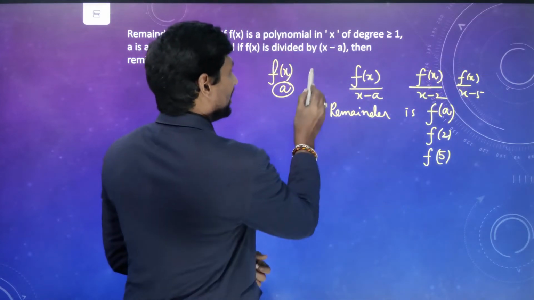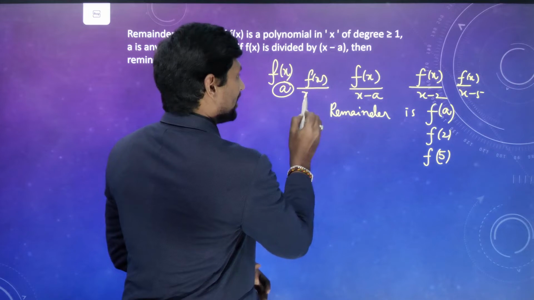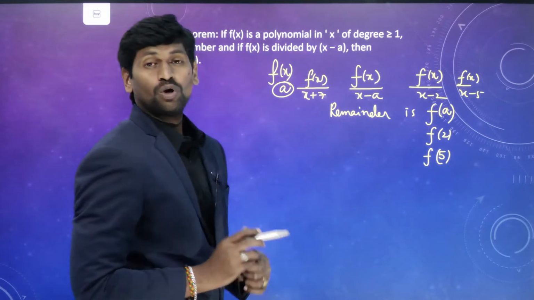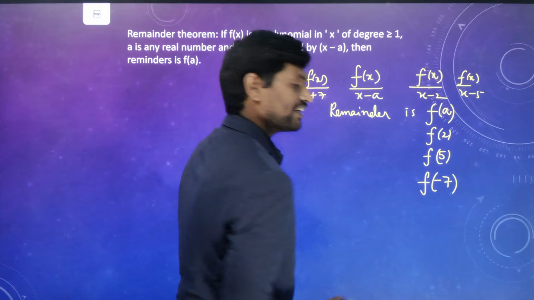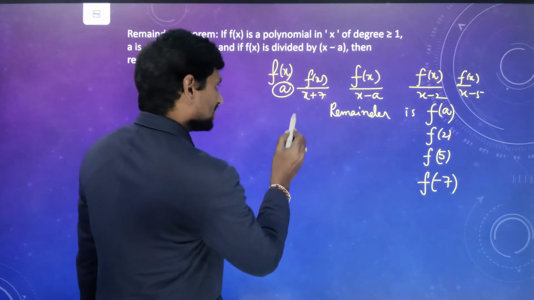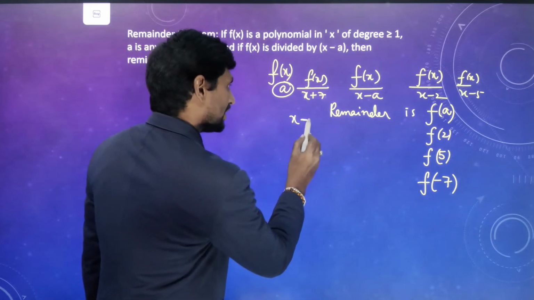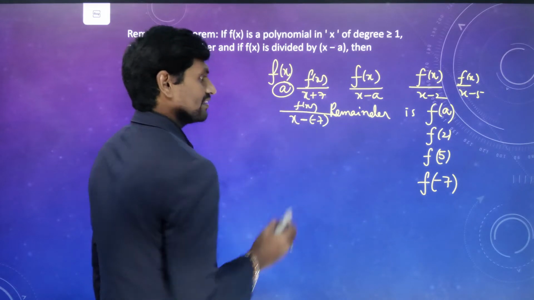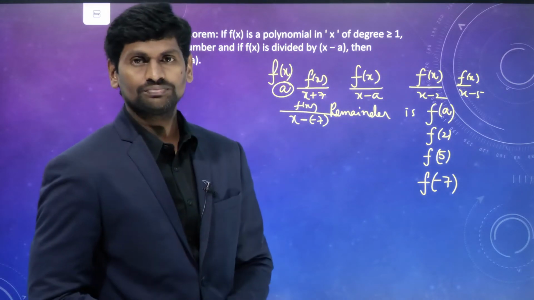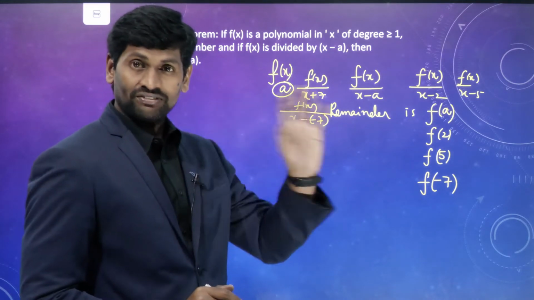In case f of x is divided by x plus 7, what is the remainder? F of minus 7, because we can also express it as x minus of minus 7, and then minus into minus becomes plus.